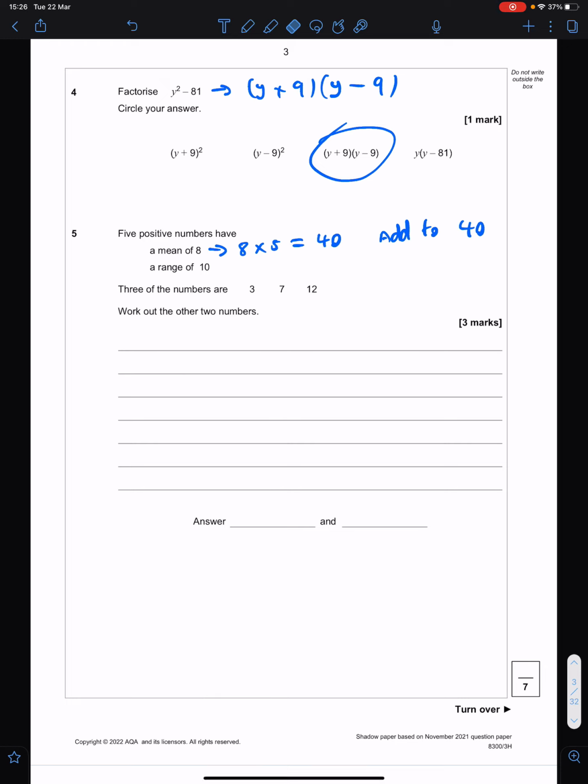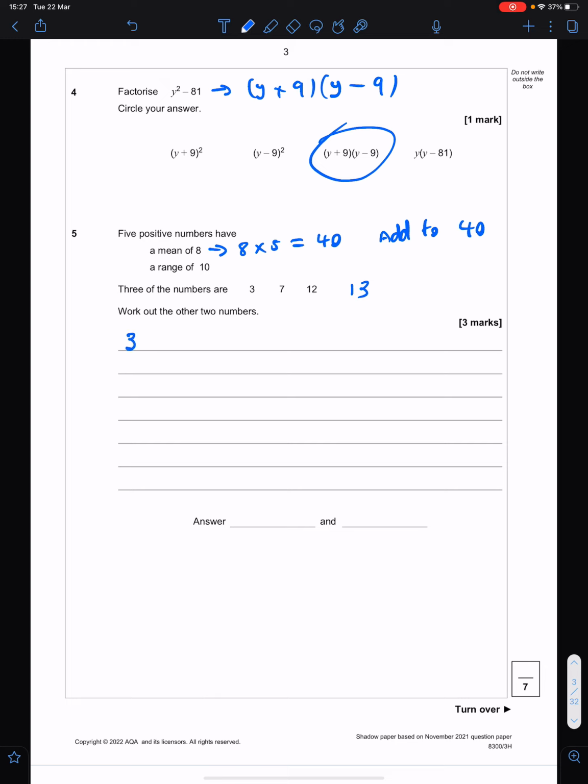Okay, so the way this is going to have to work is instead of 12 being the biggest number, we can make 3 the smallest number. And if our range is going to be 10, remember it's the biggest number take away the smallest number. So one of our numbers is going to have to be 13. So 13 take away 3 would be 10.